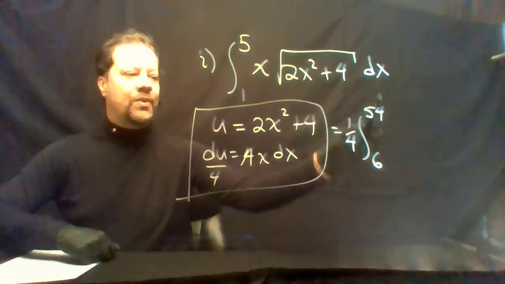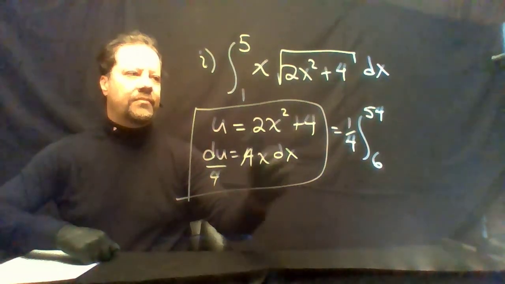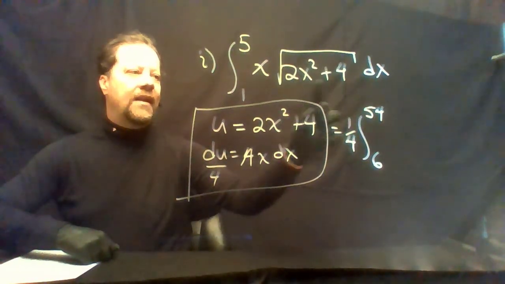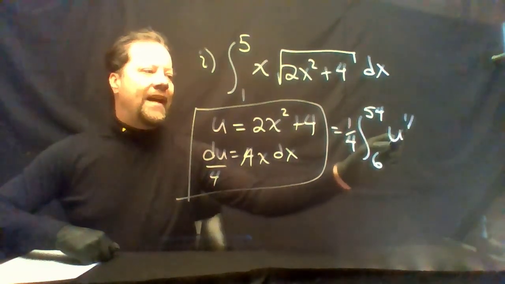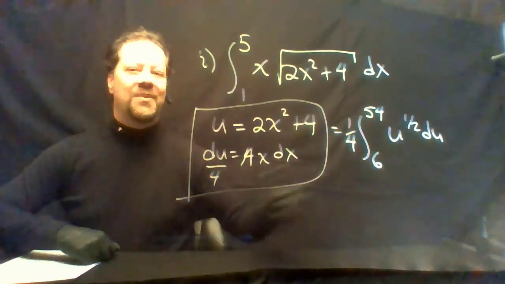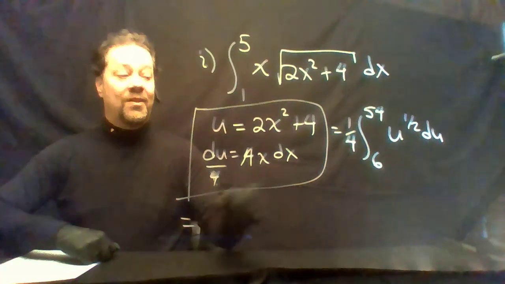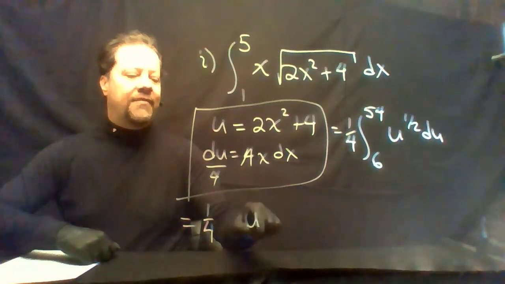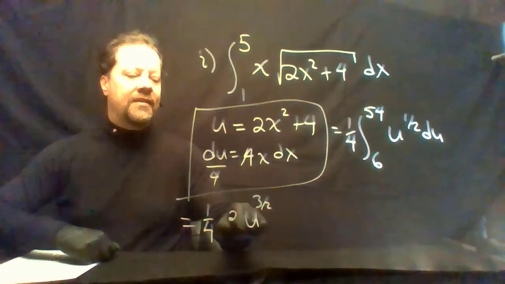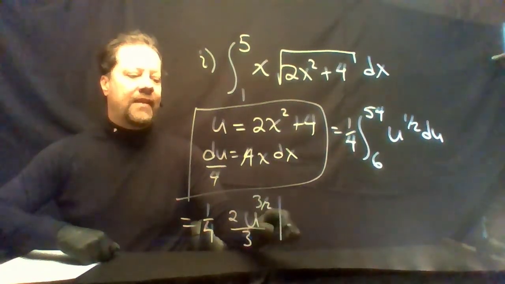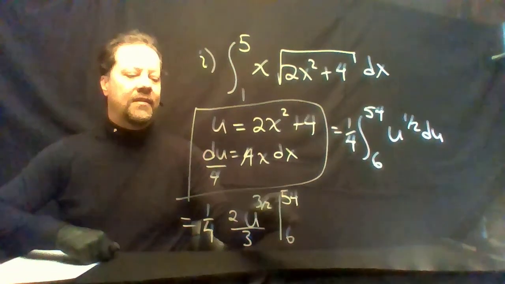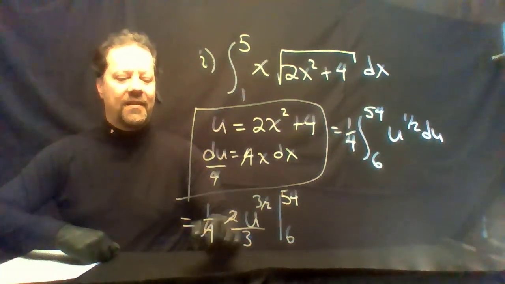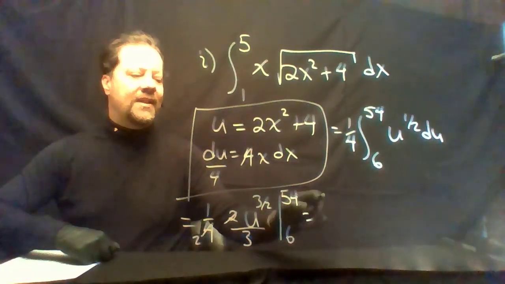The x dx goes away to become du over 4, and then we get u to the 1/2 du. We may now use the power rule for antiderivatives. We'll have u to the 3/2 times 2/3 evaluated from 6 to 54. We can cancel a 2 and get 1/6.